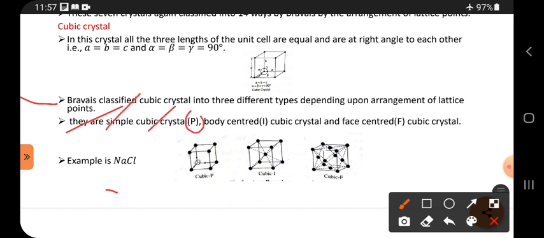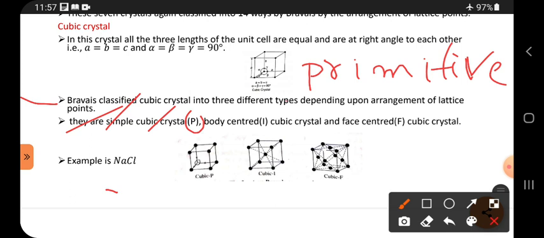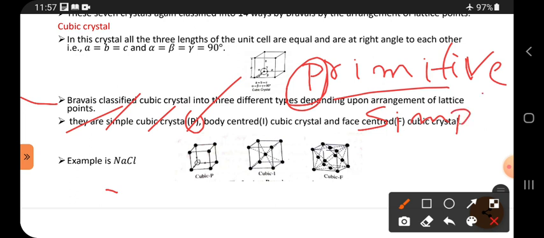It is denoted by P. Why? Because the simple cubic crystal is also called primitive, so that is why the first alphabet P is taken. P stands for primitive, or simple; the meaning is either primitive or simple.